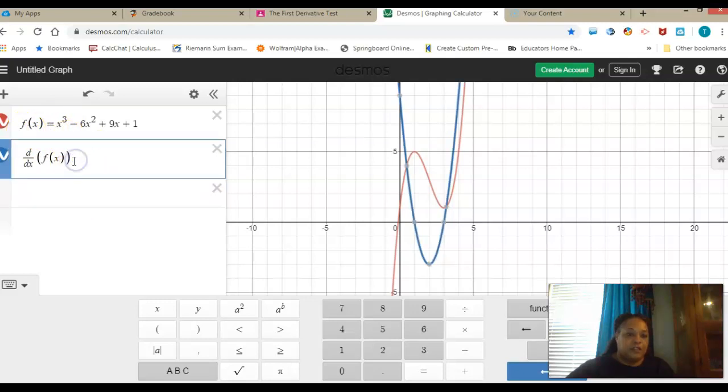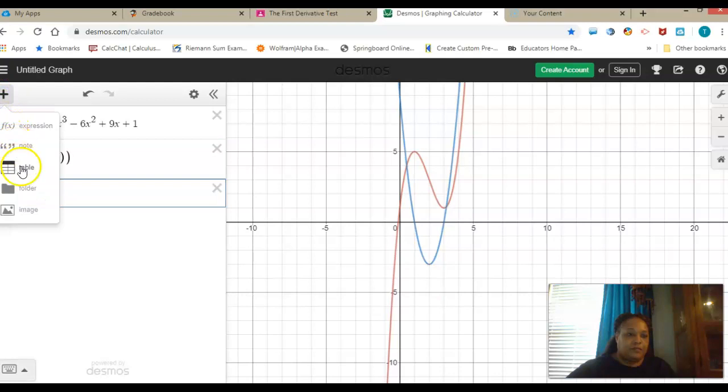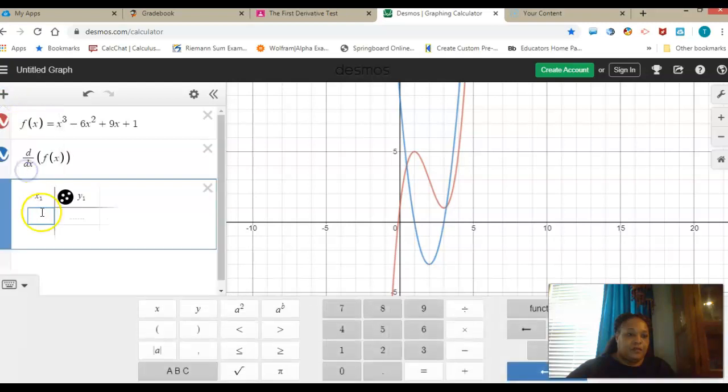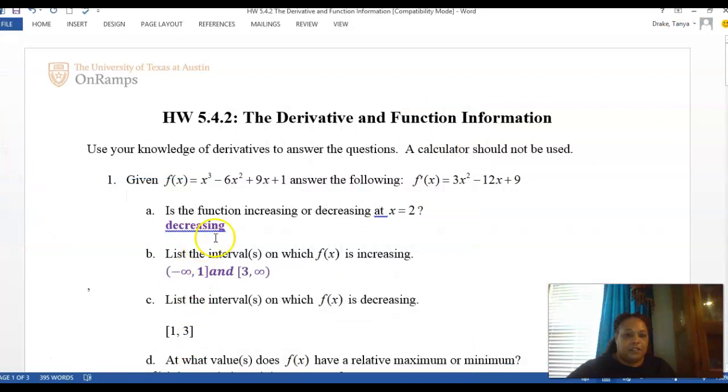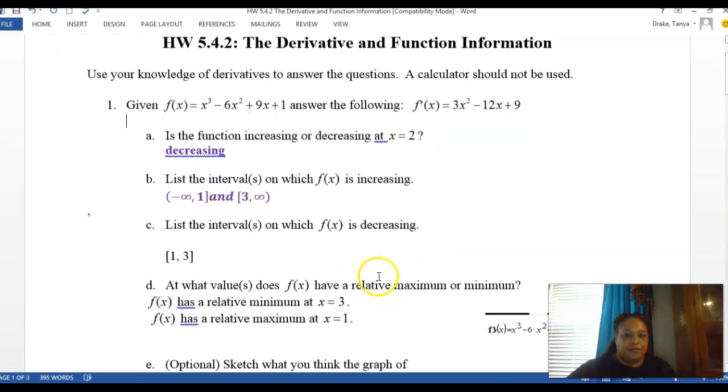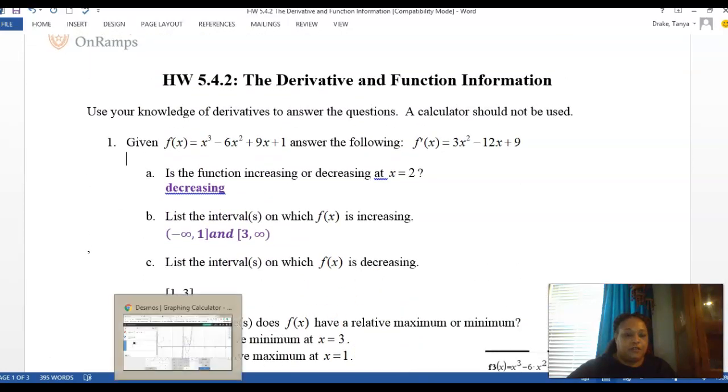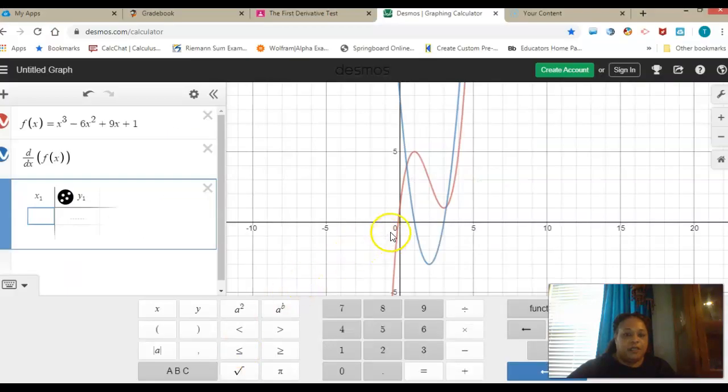Now I'm going to add a table. I want x1 to be the values they want us to look at. We're just going to look at the interval from probably 0 to 5.